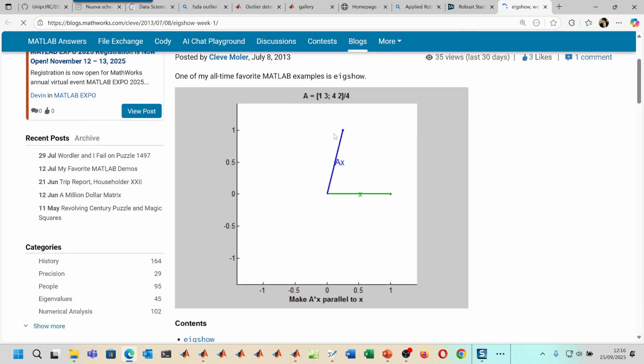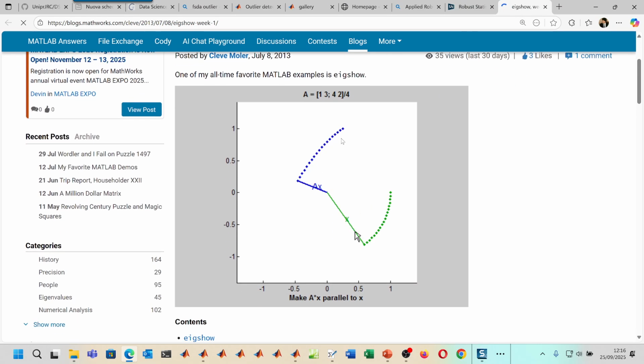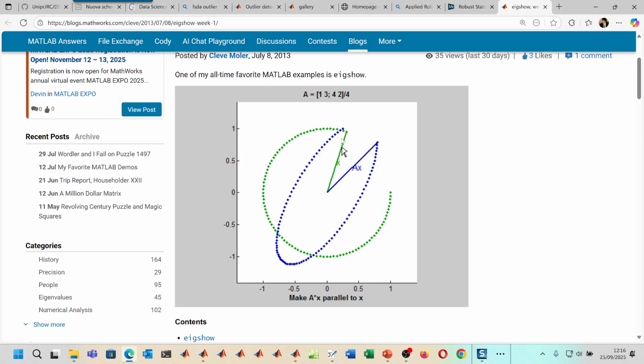Then you start seeing these things, the concept of x and A times x. This is the vector, and then you pre-multiply it by a matrix.